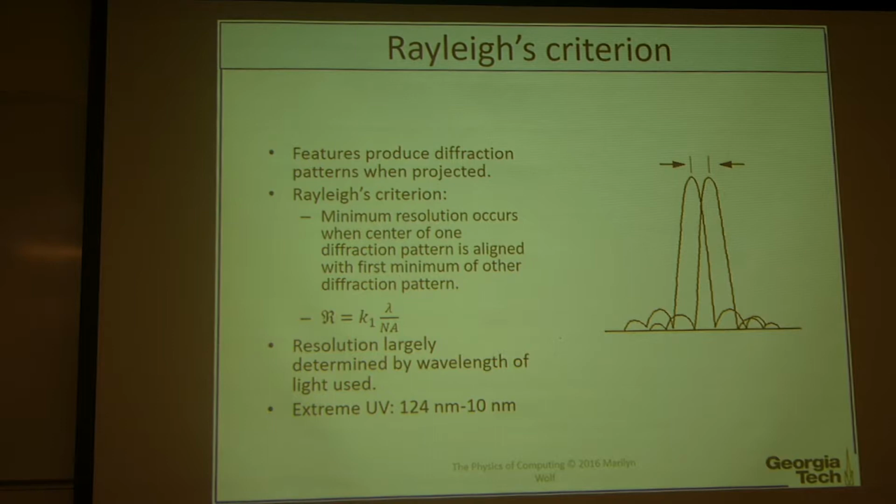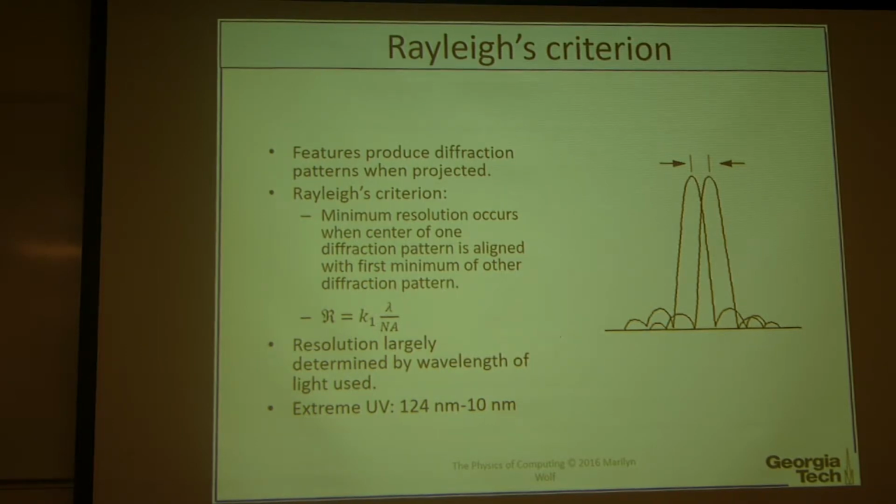This numerical aperture is the ability of the lens to collect diffracted light. It can be computed by multiplying the refractive index of the lens times sine theta. Then we can get the resolution.